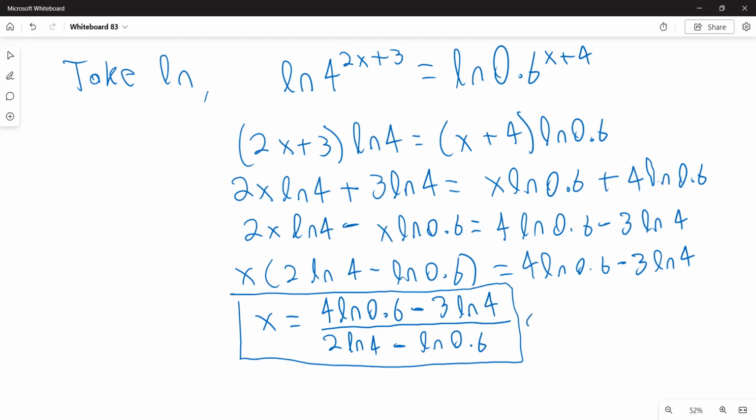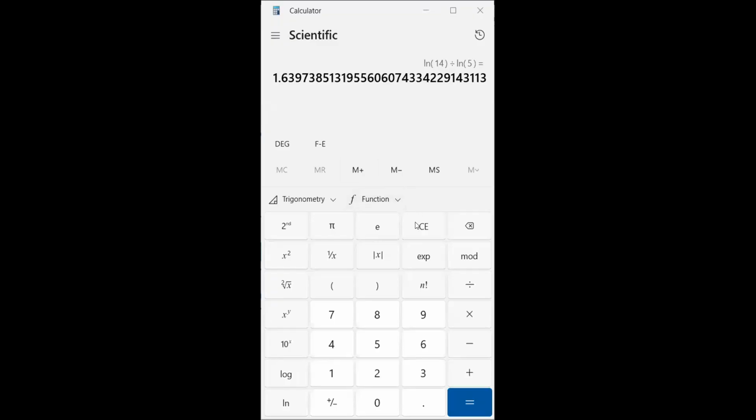We are going to round this answer to 3 decimal places, so let's find out. Now we can use grouping symbols.